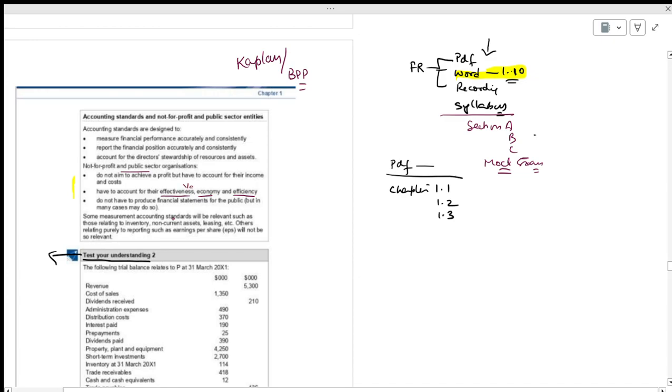This is called value for money. Are you clear about this? Companies, SAOGs are for profit. Charitable institutions and government are for non-profit.